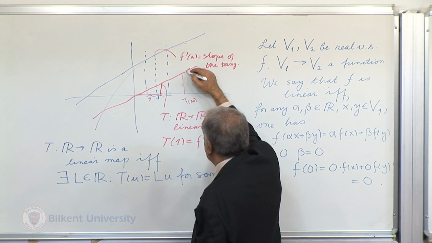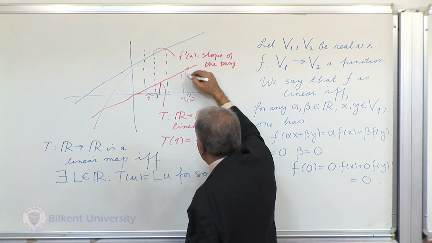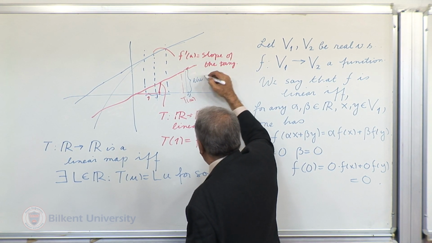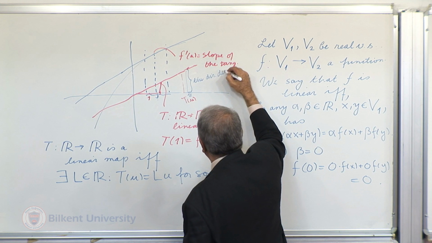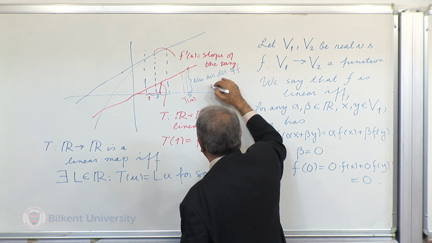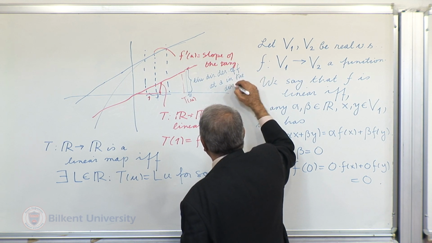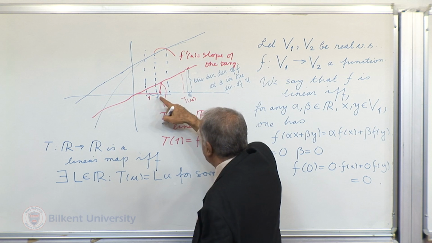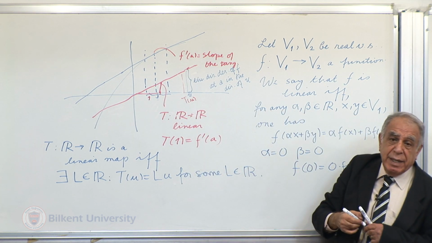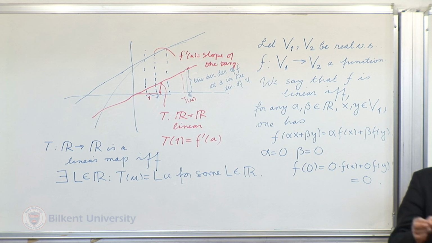So at any u, this value is the directional derivative of f at a in the direction of u. And this f prime a itself, that is the derivative of f in the direction of 1, where 1 is the standard basis vector of R.